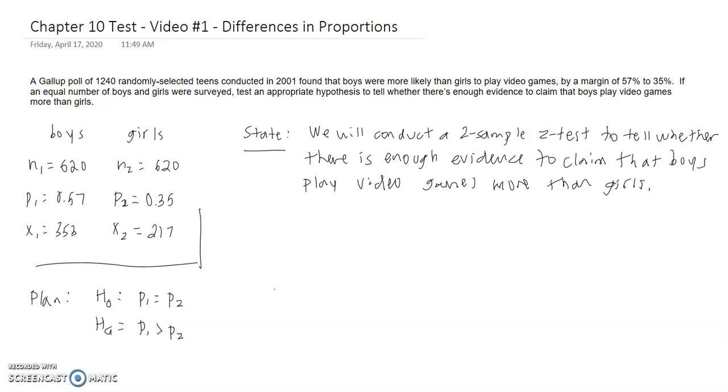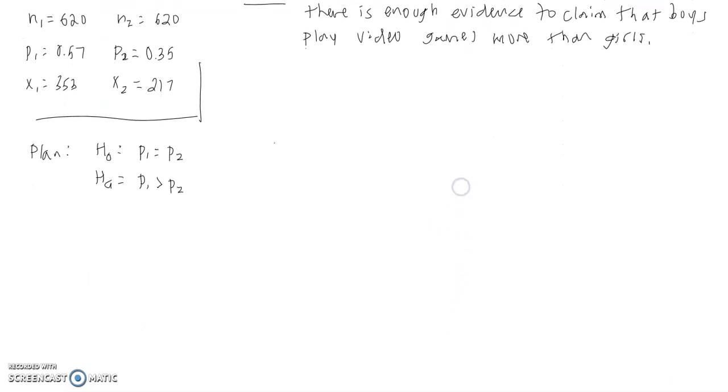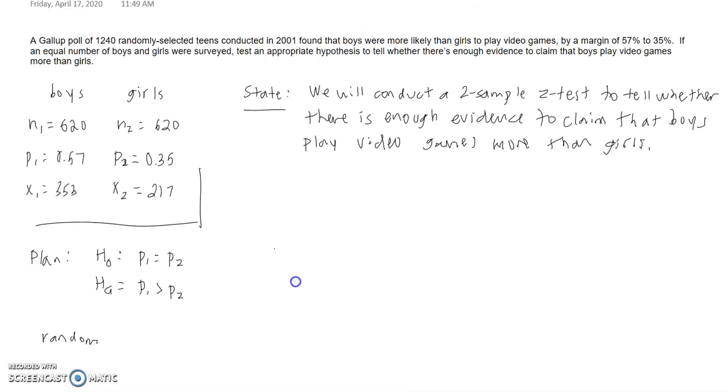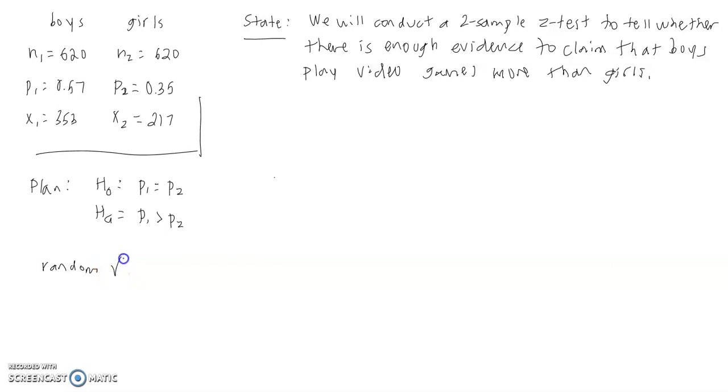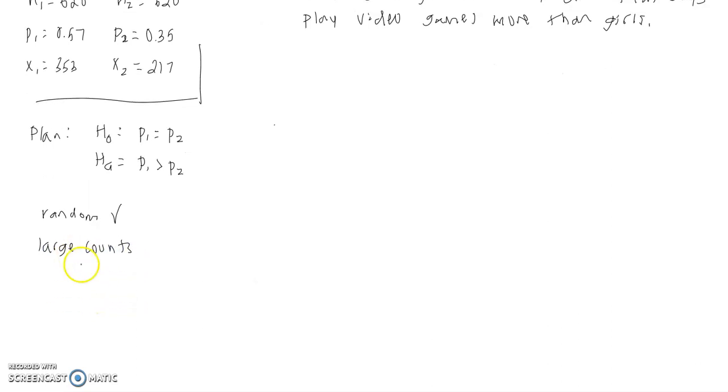So then we are going to need to check our conditions before moving on. So we are going to check for randomness. And above, the problem states that the teens are randomly selected. So for that, we are good to go. Then for large counts, we're going to have to check N1, P1, and N1, Q1.